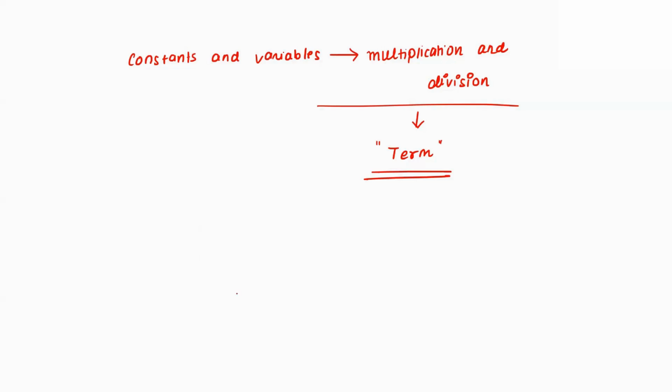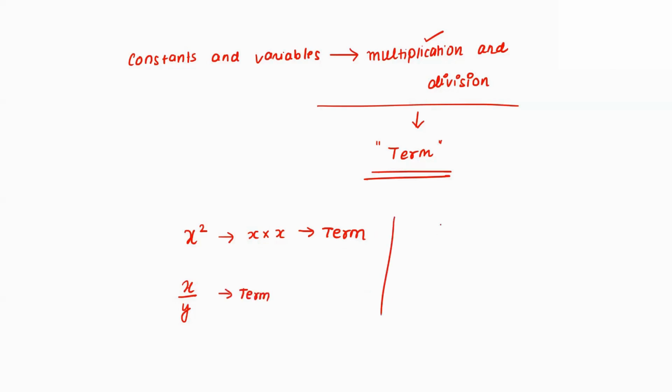I have written, for example, x square. What is the meaning of x square? It is x into x. We are multiplying x with x, then only we get x square. It is a term because multiplication is allowed. If I say x by y, it means x is divided by y. It is a term.